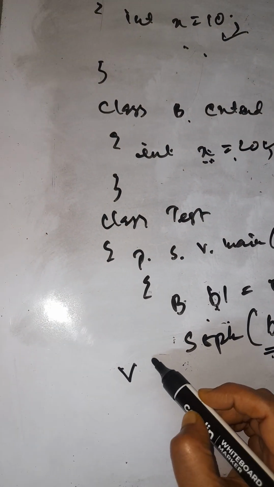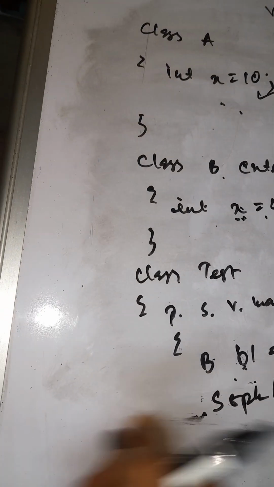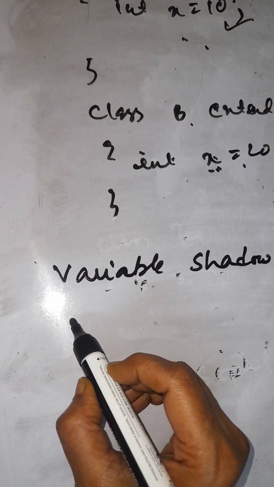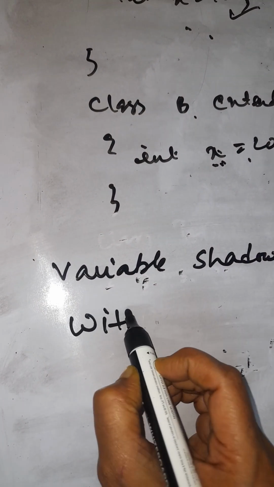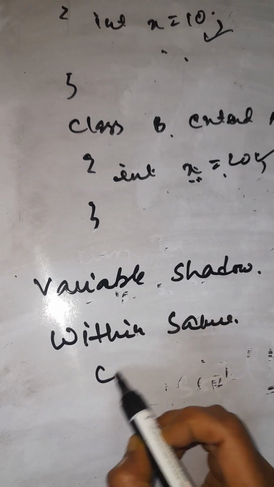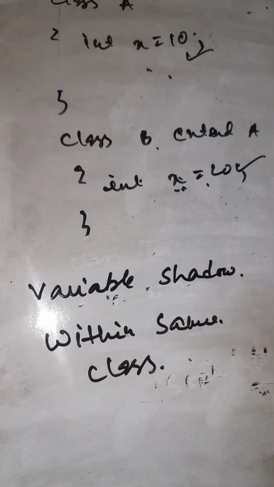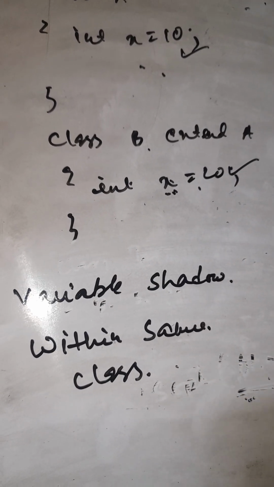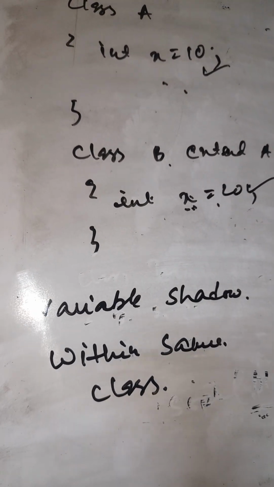So variable shadowing is always within the same class. Clear? Within the same class, it occurs between your local variable and the instance variable, or local variable and your class variable.